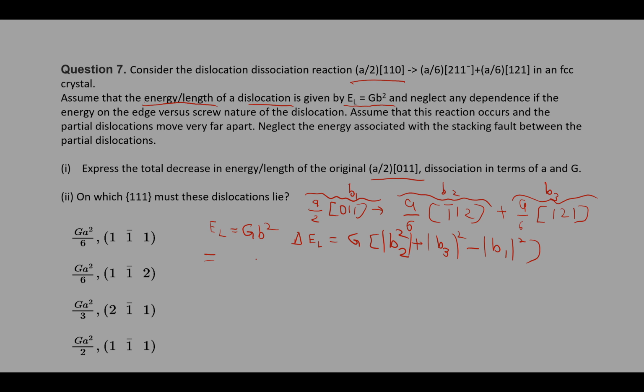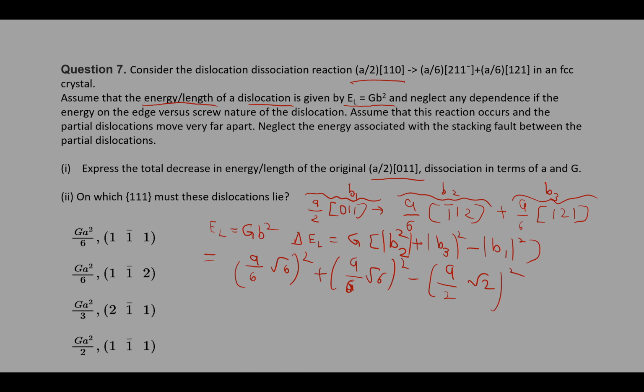You have to take a upon 6 root 6 whole square plus a upon 6 root 6 whole square, minus a upon 2 root 2 square.